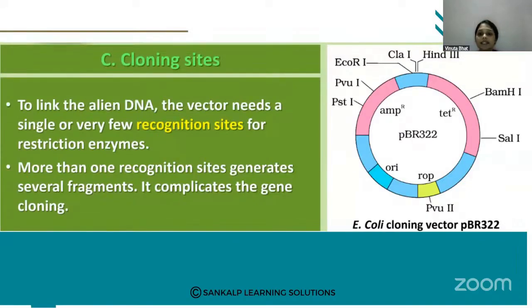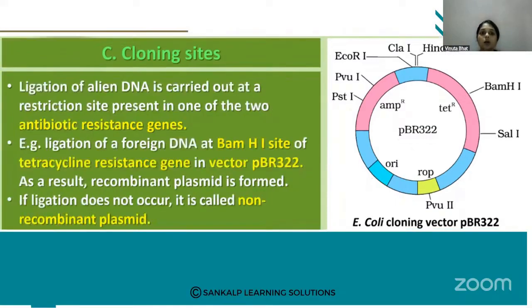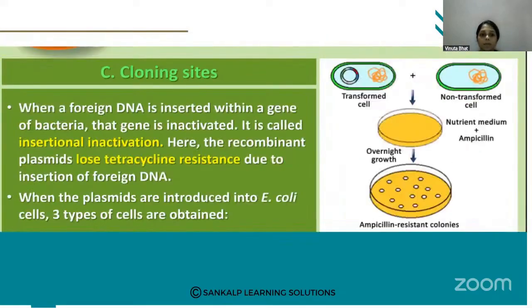Then the cloning sites. In the pBR322 vector, you can find different cloning recognition sites like PstI, where the enzymes are able to remove that region and attach the desired gene in that region. That is called the cloning sites.